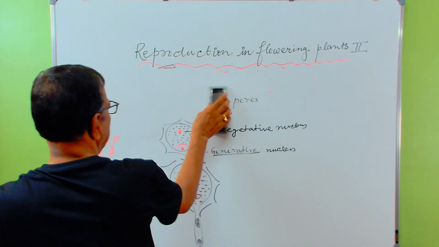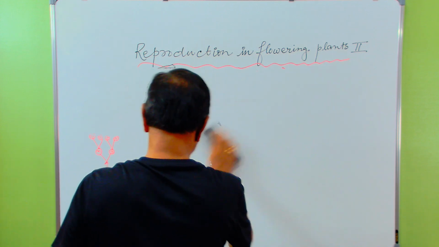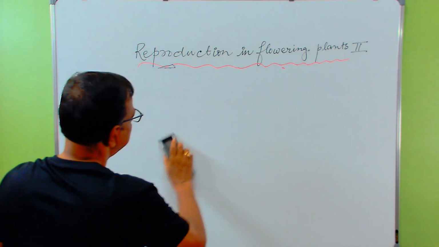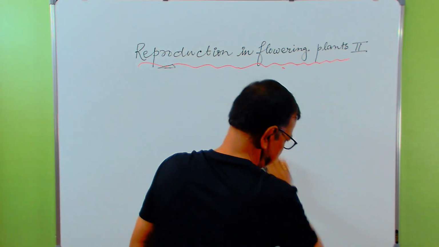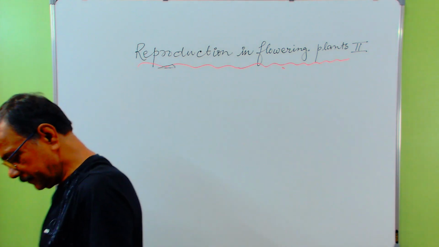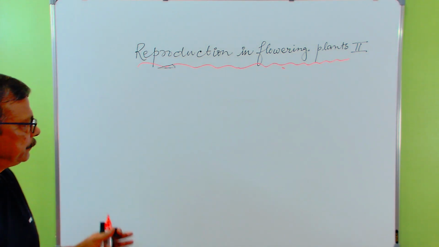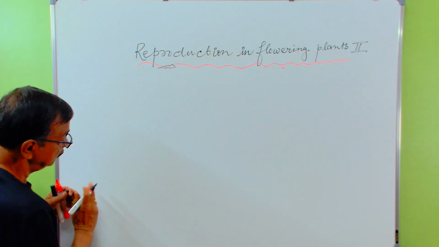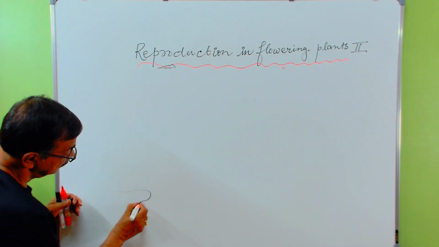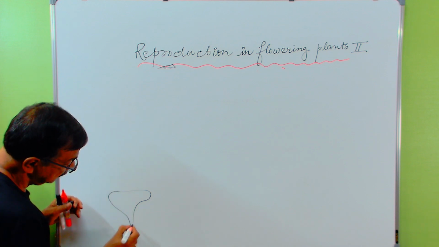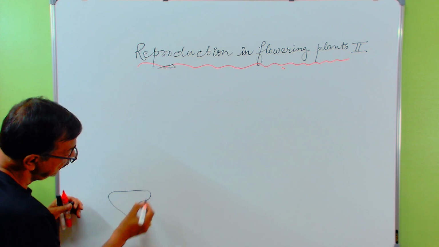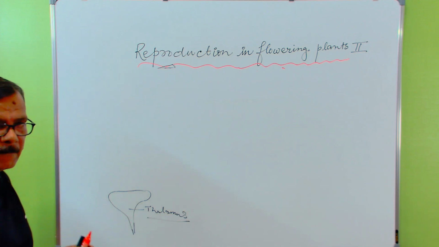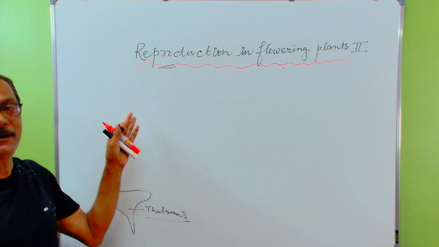Now we have to go to female gametophyte. In female gametophyte, this is known as thalamus, where ovary, style, stigma will be there.